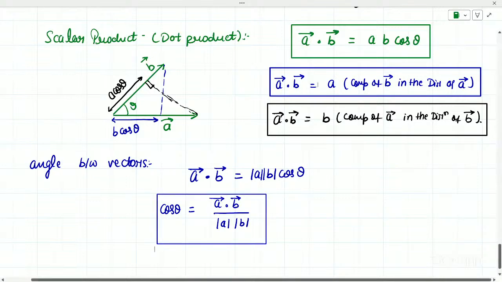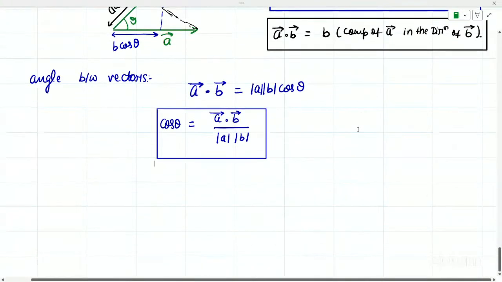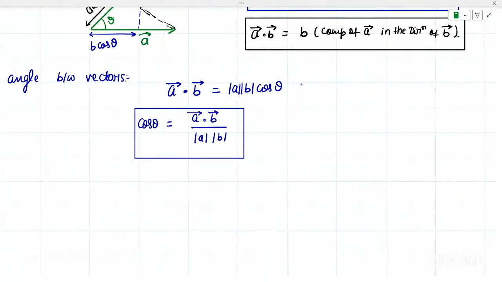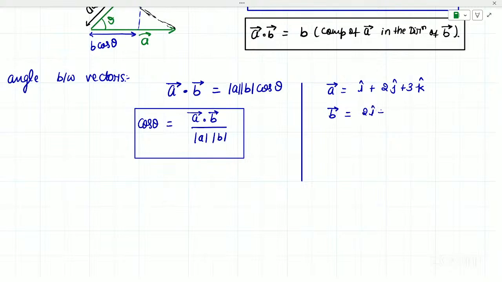Got it? Now, how to do the dot product? For example, try to understand it. Let's say A vector is given as i cap plus 2j cap plus 3k cap. This is how we can represent the vector. And B vector is given as 2i cap plus 3j cap plus 4k cap.